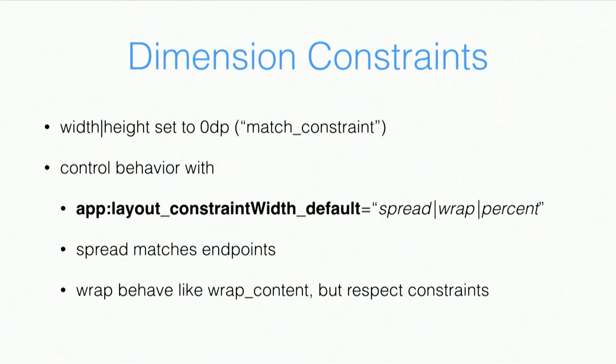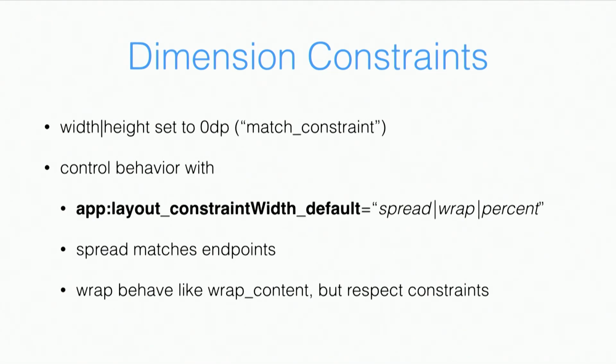Finally, one of the last things we added in beta 1 is percent dimensions. And percent dimensions belong to the class of dimension constraint. Told you I was going to talk about it. So a dimension constraint, it's a typical thing, right? That's when you set layout width, layout height, and you set, in other layouts, match parent, you set wrap content, or you set an actual dimension.